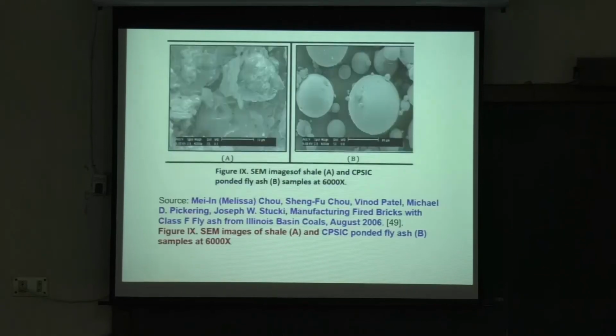I think there is a figure. B is fly ash. Would you call it spherical? And this is shell particles, okay? So A is CPSI bonded, and this is fly ash and sample ash, okay.